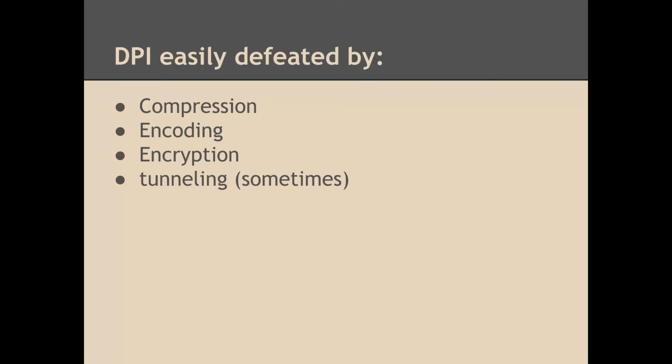Any form of encoding, you combine compression with encoding, you've defeated IDSs, IPSs with all the technology in the world combined. Encryption outright defeats them. Tunneling, sometimes, it depends on how it's all done, as well as the encryption.